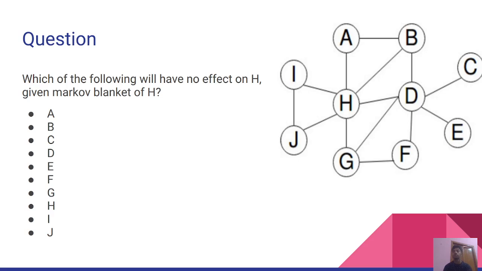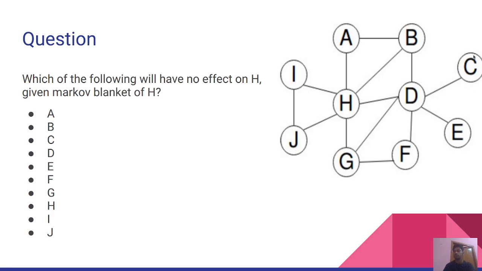Okay. So basically this is just the same as the previous question. In the Markov property we are considering that only neighbors have any effect on each node. So here, if we go through one by one, A is a direct neighbor of H, so it is having effect. B is having effect.